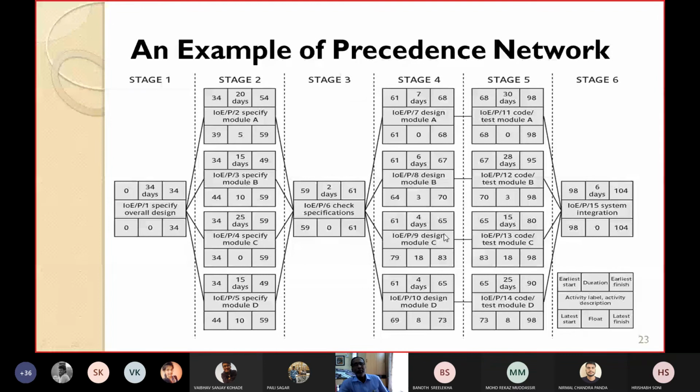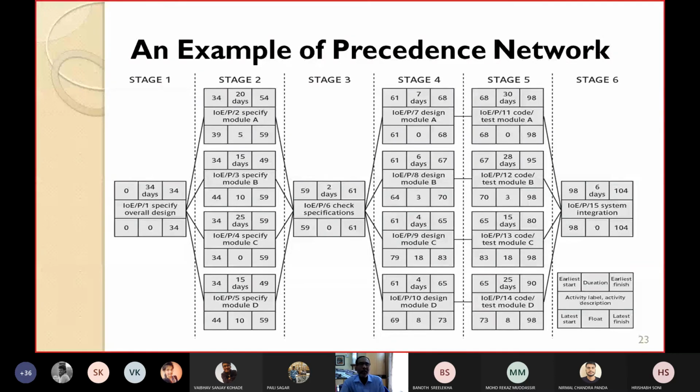Now, looking at what I have already told you, look at the precedence network, then identify each activity. Then for each activity, identify what resources are required for executing that activity.